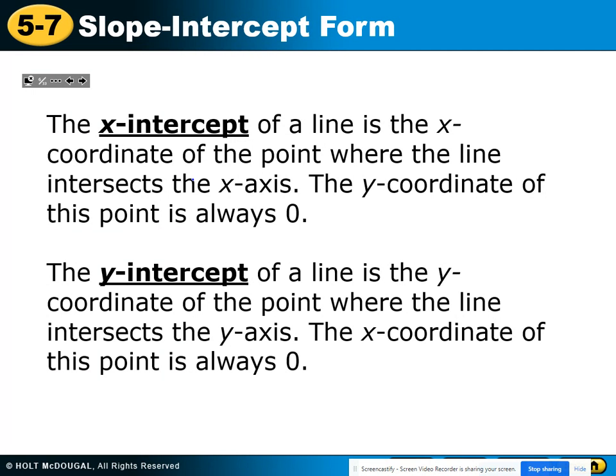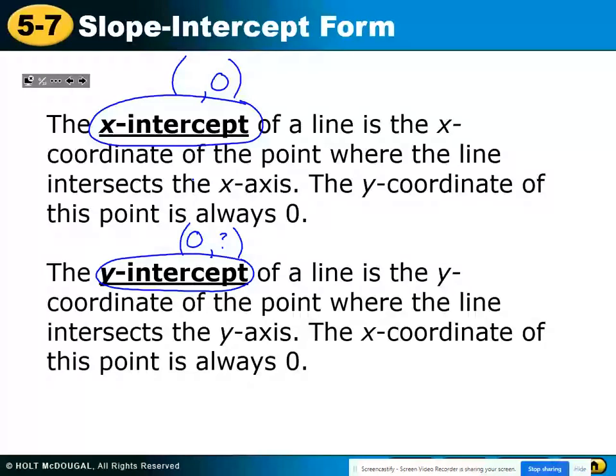So what they're saying is when you go across the x-intercept, when you have your ordered pair, the y is always going to be 0. When you go across your y-intercept, the x is always going to be 0, and the y can change, right?